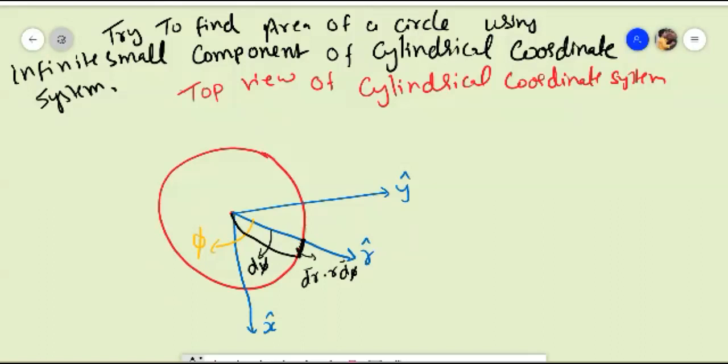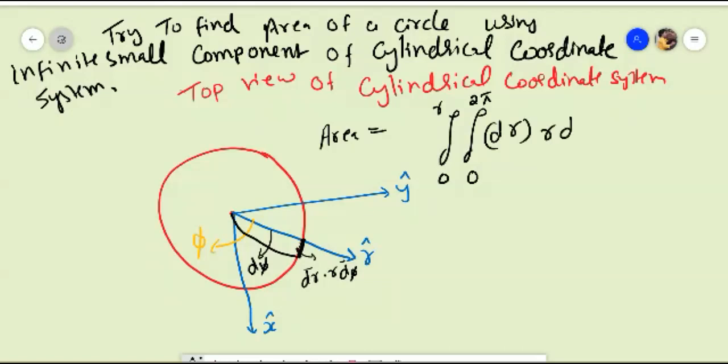So the total area of the circle will be the double integration from 0 to r and 0 to 2 pi, because the circumference of a circle is 2 pi, you know that. And we are taking the integration of the element dr multiplied by r d phi.